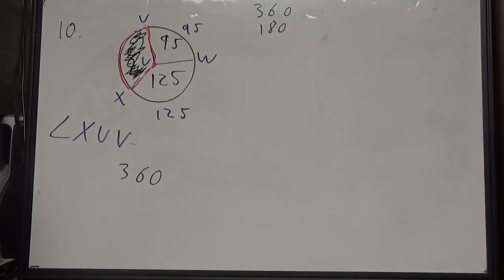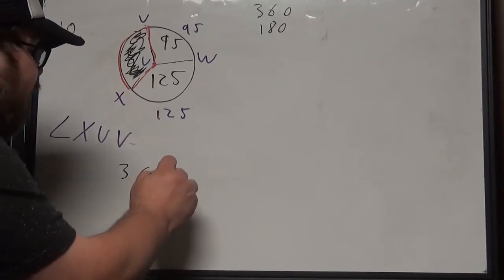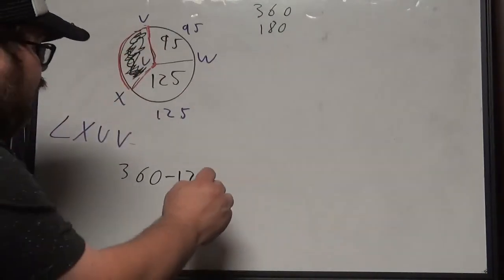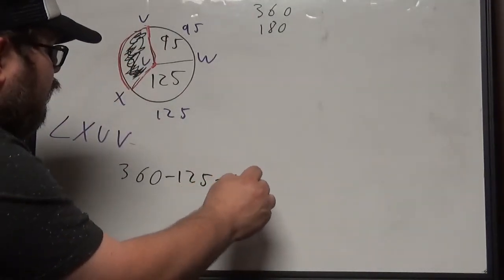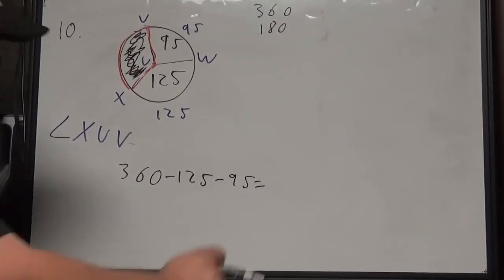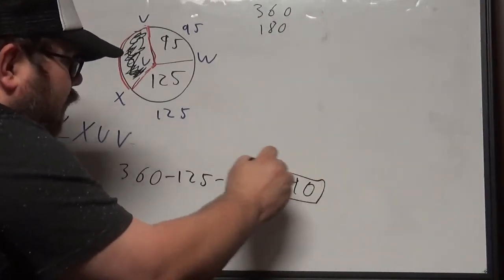Well, to find this, we can just say, okay, the whole thing is 360. If I take out 125, if I minus 125, then I minus 95, what do I get? Let's see. 130, 220, what is that, 140? That's your answer.